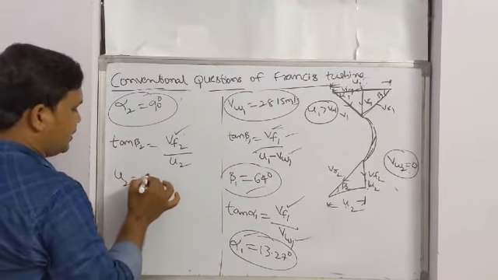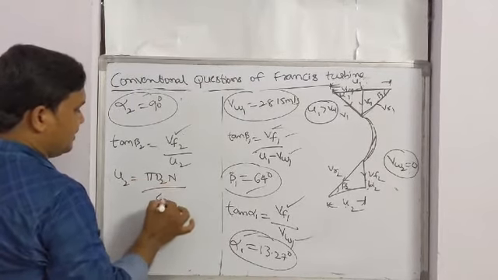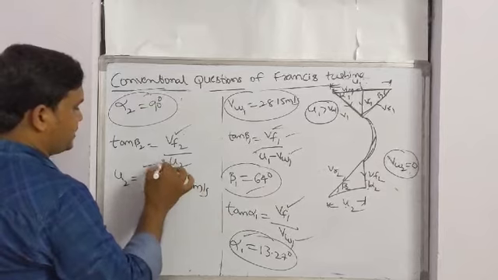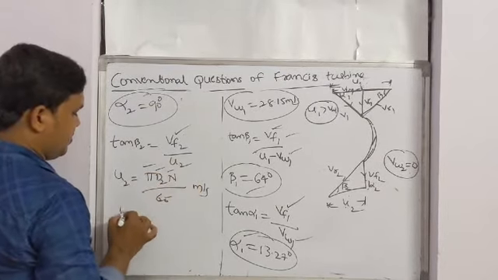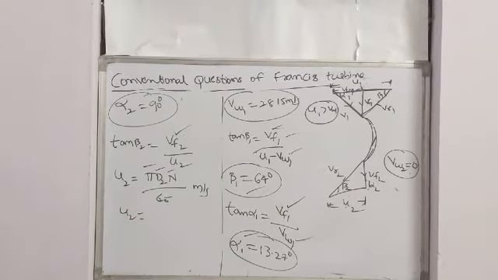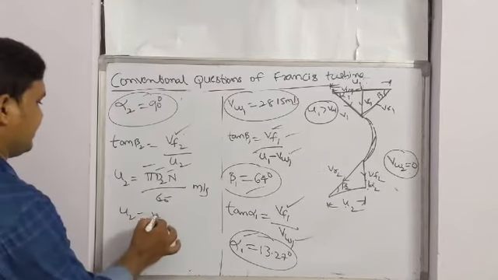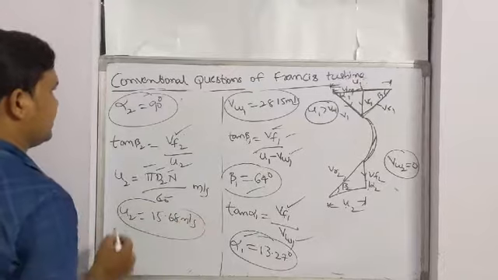We can calculate U2 equal to pi D2 N by 60 meters per second. Pi is constant, D2 is known, N is known, 60 is constant. By substituting all these, U2 we got as 15.68 meters per second.